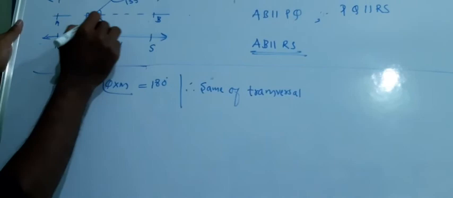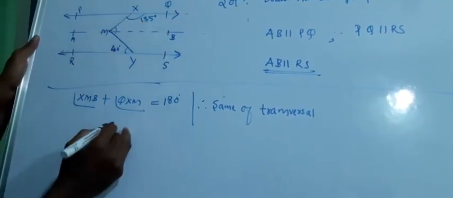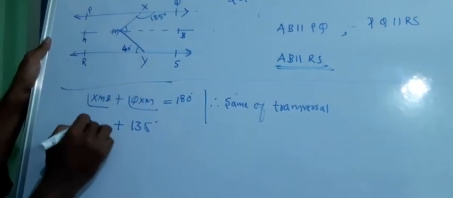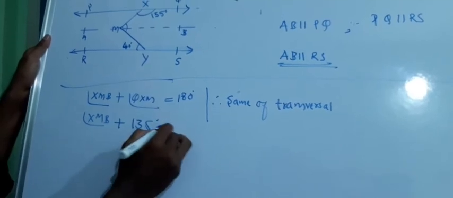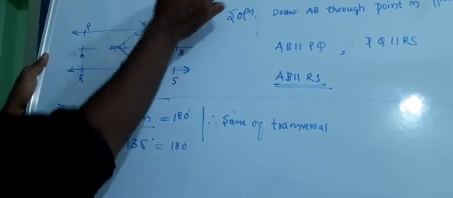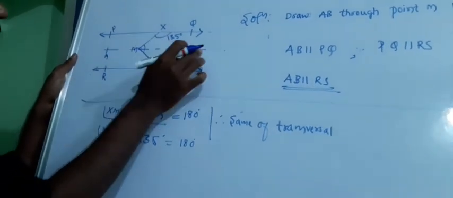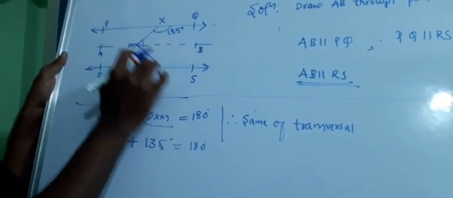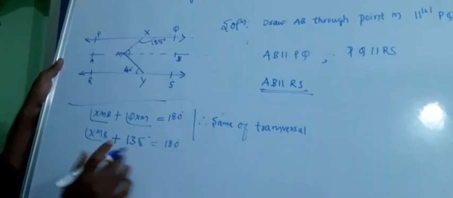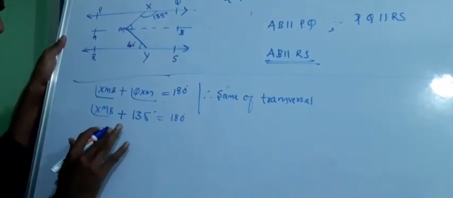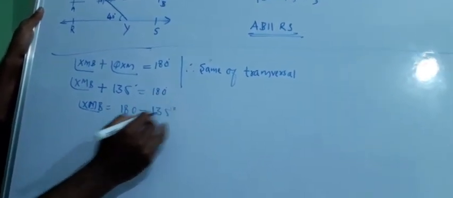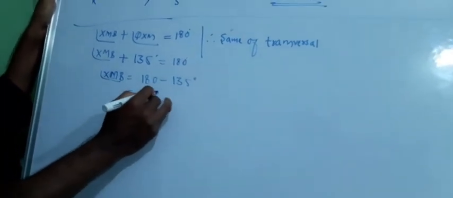So we know that MXQ, that is QXM, is 135. We need to find XMB, which is equal to 180 degrees minus QXM. Why am I calculating XMB? Because we need to calculate XMY. In that, XMB plus BMY will give me the XMY which I need. So for that reason I am finding XMB. Therefore XMB is equal to 180 minus 135. So that is 45 degrees.